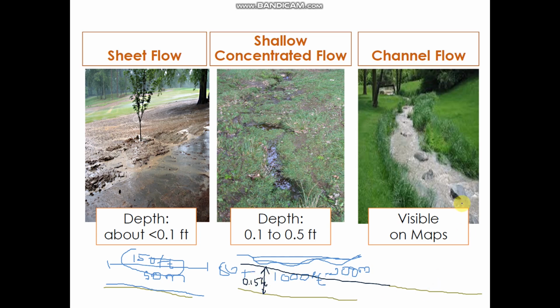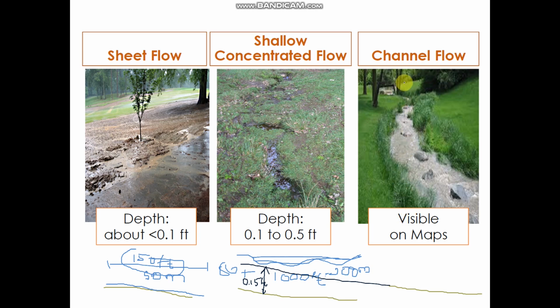Okay, and the third one is the channel flow. With channel flow, you can observe the storm runoff traveling in well defined ditches or streams, where it has a fixed boundary and the water is channelized.